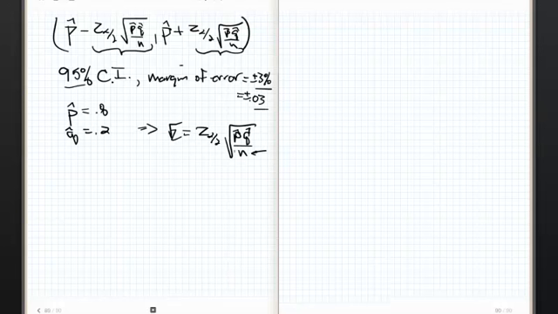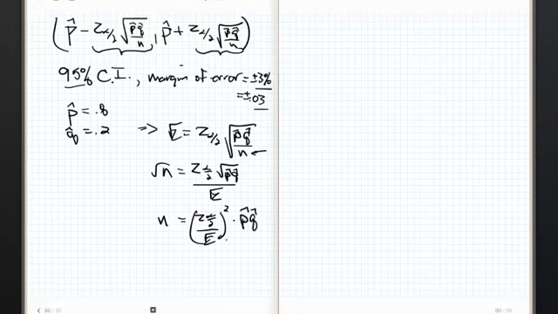So if I simply cross multiply by root n, I get root n equals z alpha over 2 times the square root of p hat q hat over error. So n is equal to z alpha over 2 over error. Now watch what I'm going to do here. It's nothing too fancy. Remember, I'm just going to square both sides times p hat q hat.